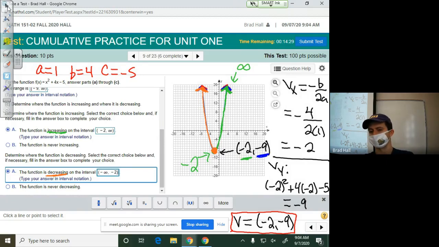So this will be the majority of questions for the homework that is due tomorrow. They will ask pretty much these same things. Graph the quadratic, given 2 points, find the domain, range, increasing and decreasing. And notice how the vertex comes into play at every aspect of that, except for the domain.